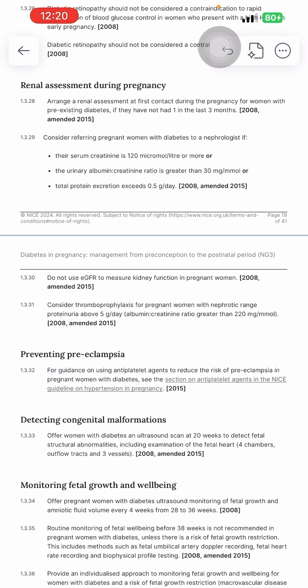Preventing preeclampsia: use antiplatelet to reduce the risk of preeclampsia in pregnant women with diabetes. So in chronic diabetes, you have to prescribe aspirin 75 mg from 12 weeks because they may develop preeclampsia later on, as it is associated with diabetes.